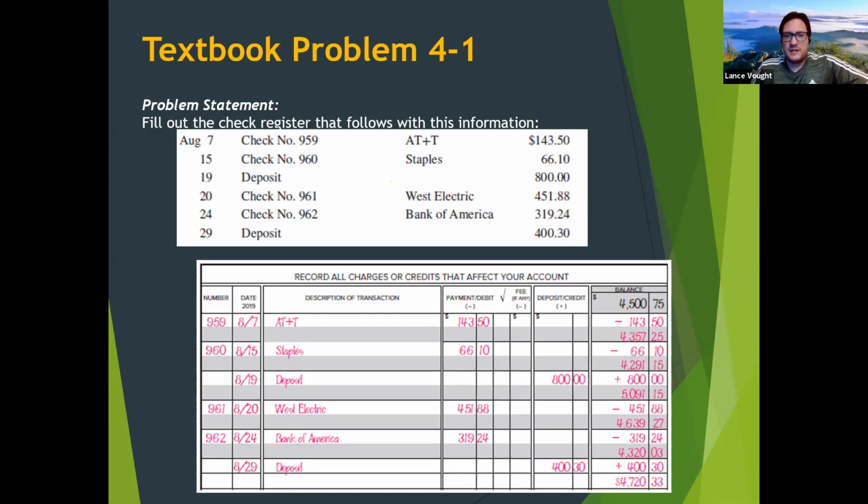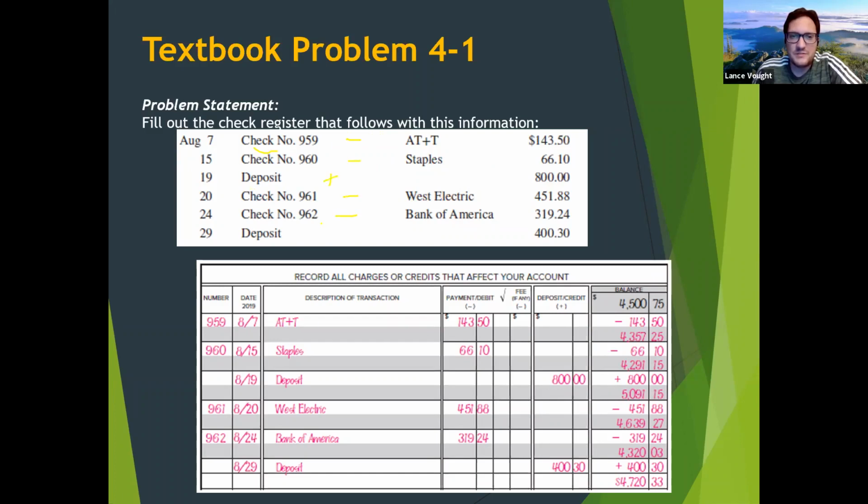So is 959 a debit or credit, plus or minus? Got a minus. Yeah, it's a debit. Anything that has a check number implies that you're paying money out. So negative, negative, negative, negative.